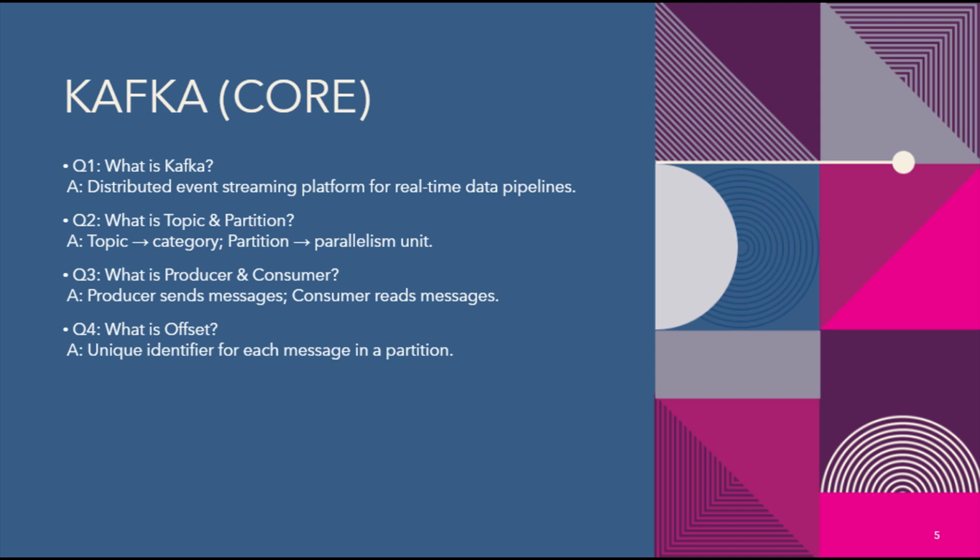Producers publish messages to topics, while consumers read them. Another important concept is offset. Offset is the unique sequence number of a message within a partition, and consumers use offsets to track progress. In interviews, it is good to explain Kafka not just as a messaging system, but as a durable, scalable streaming platform that supports high throughput.